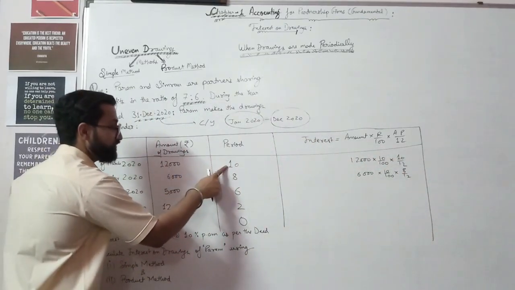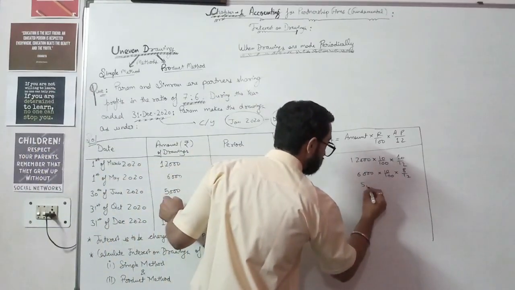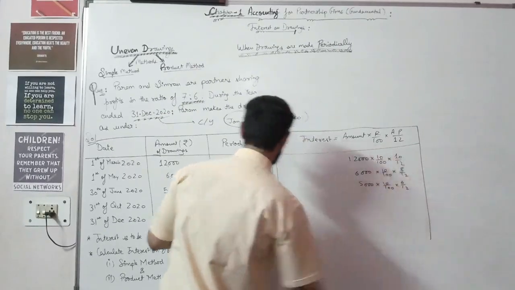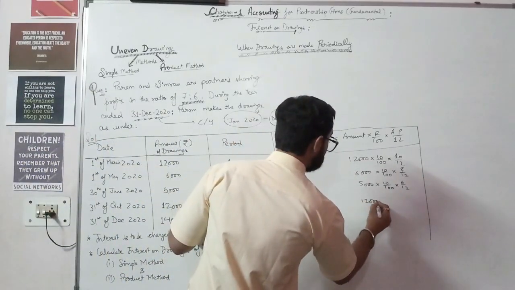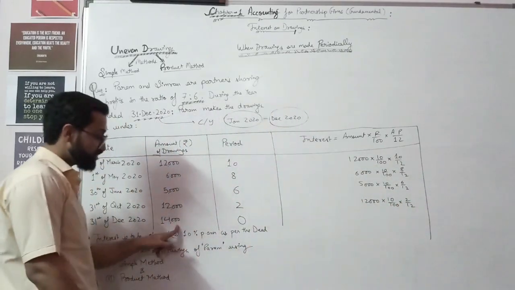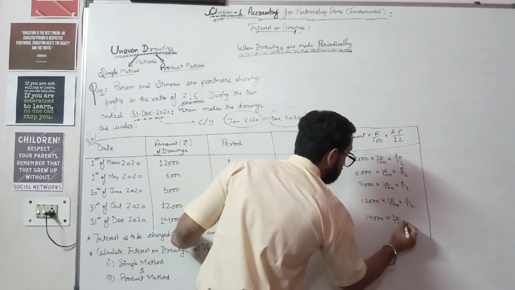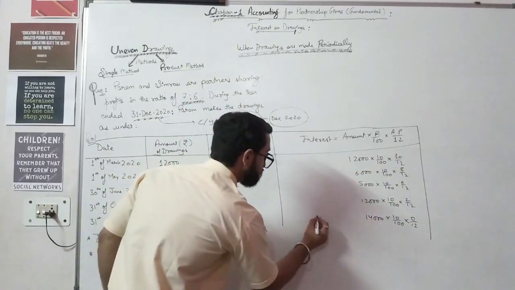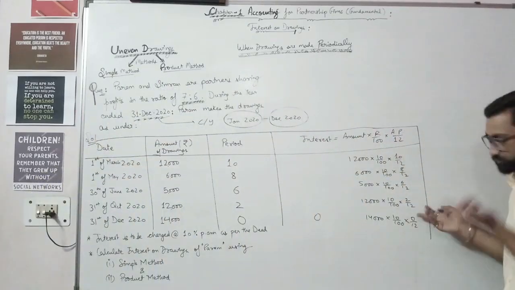Like this, 5,000 is the amount, 10% and 6 by 12 is the average period. Now next, 12,000 into 10% into 2 by 12, and in last 14,000 into 10 into 0 upon 12. Now this is the easiest one. Answer will be 0. If anything multiplied by 0, 0.